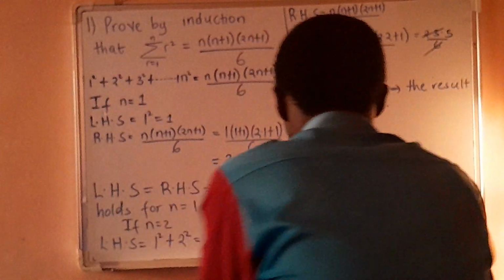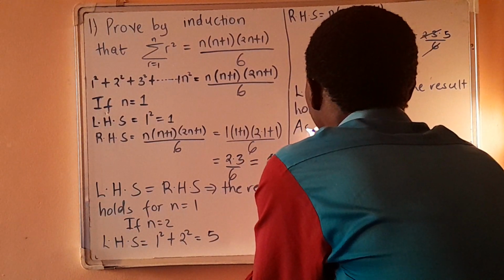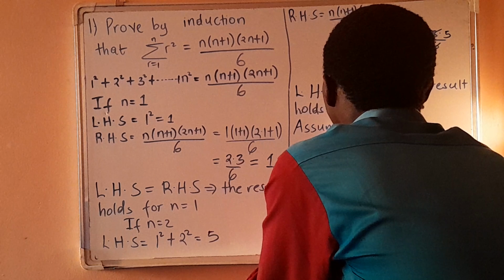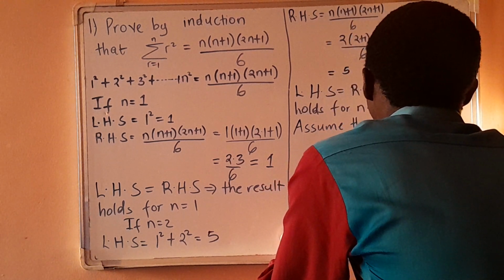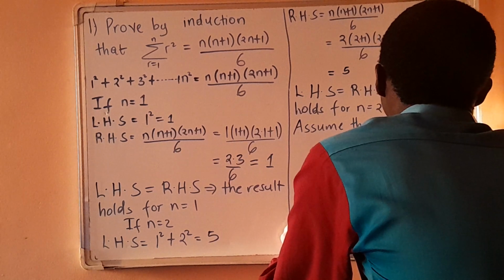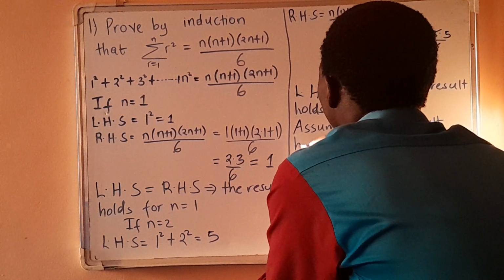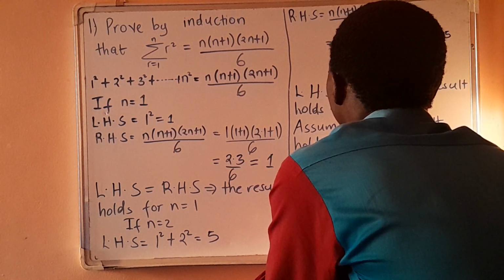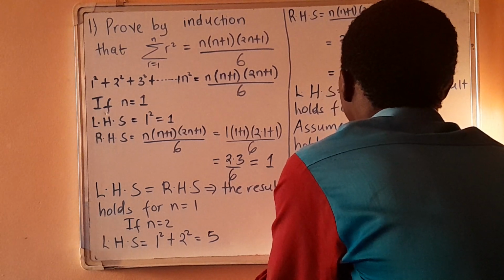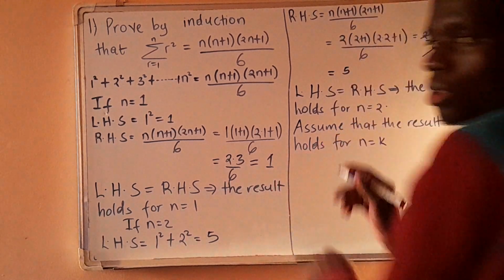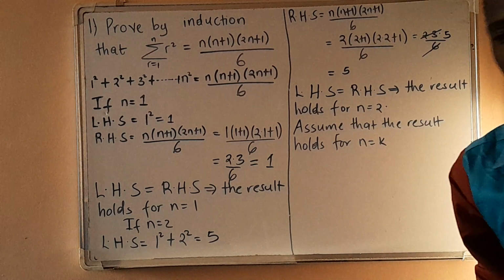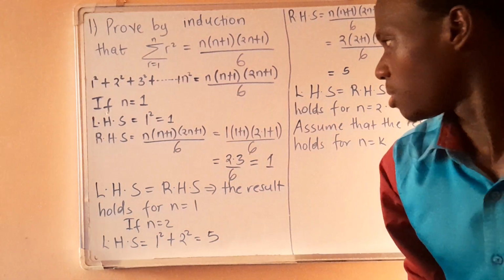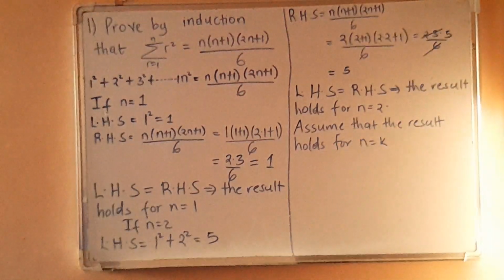Assume that the result holds for n equals k. What shall we have if we assume that the result holds for n equals k?